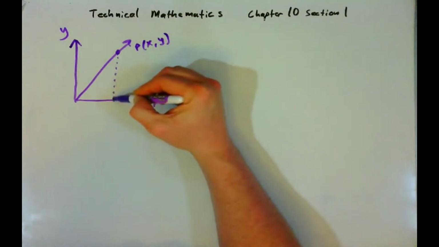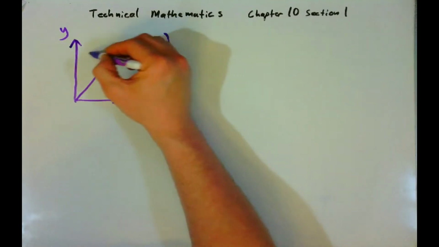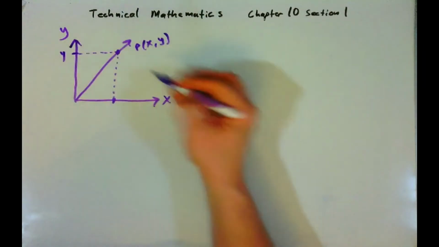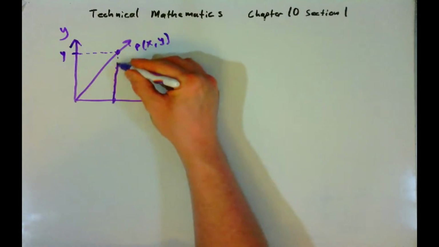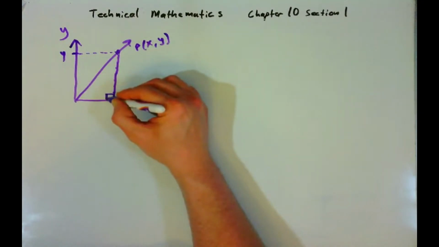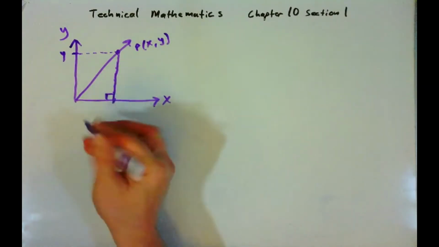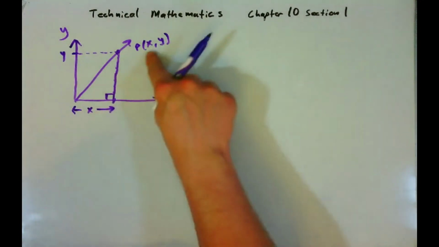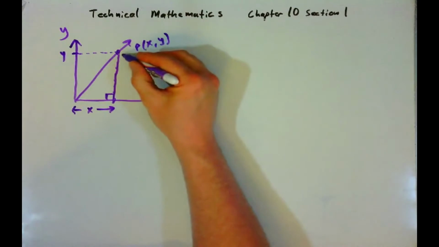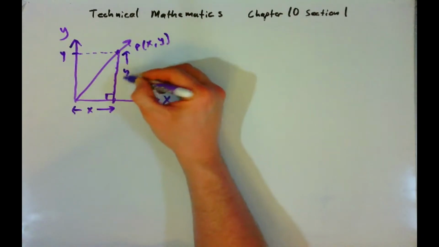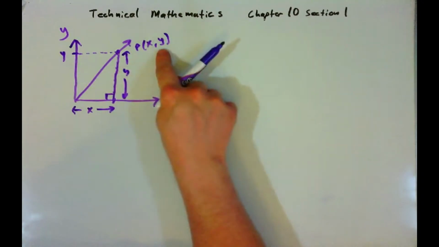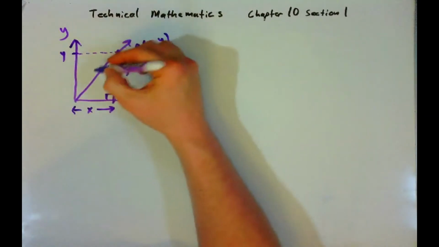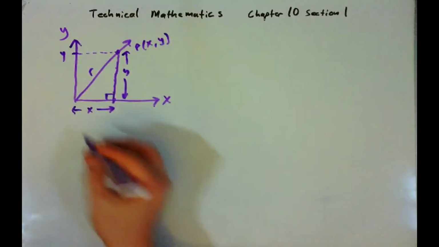And so this is the x coordinate, this is the y coordinate, and this forms a right triangle right here, and the length of this side of the triangle is whatever the x coordinate of our point is. The length of this side of the triangle is whatever our y coordinate of the point is, and this side is the hypotenuse. We'll label that as r.